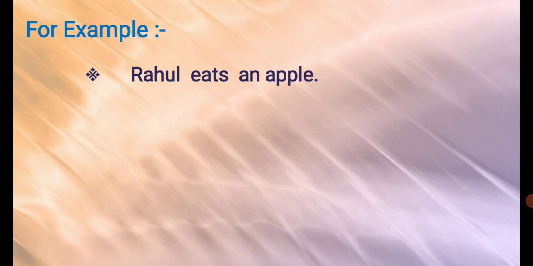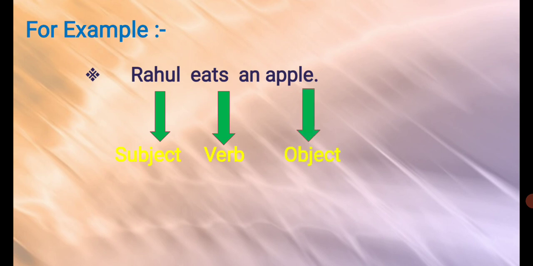Rahul. So Rahul is the subject of the sentence, right? Now what action does Rahul do? Yes, eats. So eats is the verb of the sentence. And now whatever is left in the sentence is called the object. So an apple is the object part of the sentence.